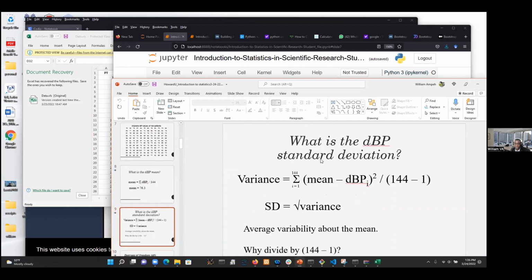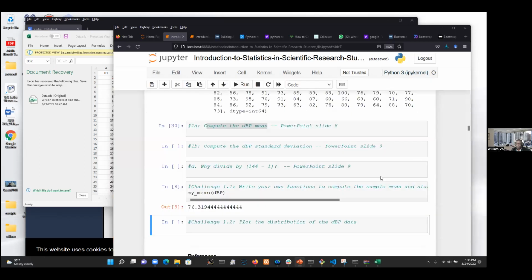For the standard deviation, it's primarily np.sum of the mean minus the individual, squared, divided by 144 minus 1, and then do np.sqrt on that. If you're able to get a variance, that's fine. Don't worry about the function. Let's take a quick 5 minutes and get back. Thank you.